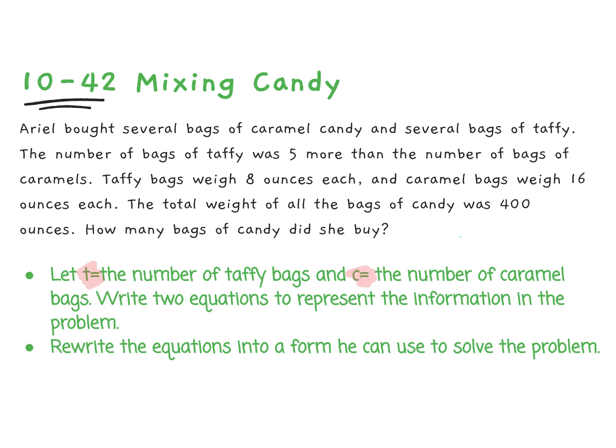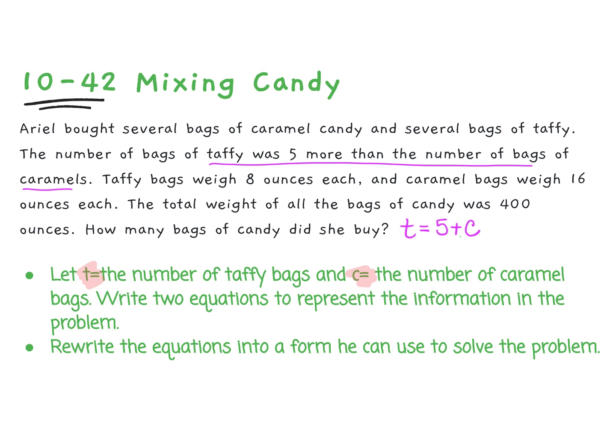I think it's easier to start with the second equation, and that is going to be the one that is the taffy is equal to something. So if we go back and we take a look at the last part of this, it says that the number of bags of taffy was 5 more than the number of bags of caramel. So taffy is equal to 5 plus C for the caramel. So that's going to be our first equation.